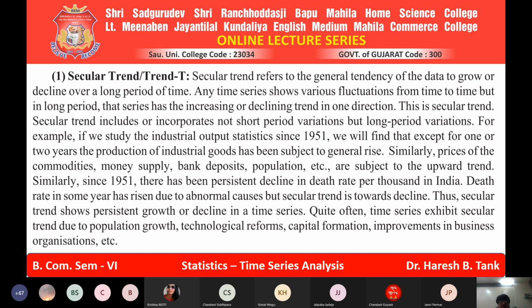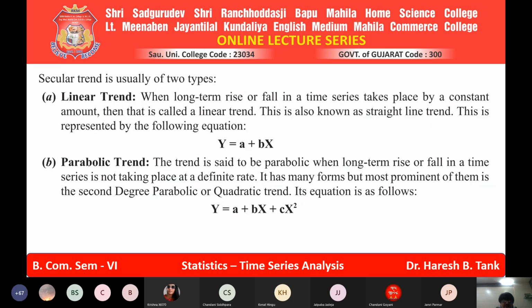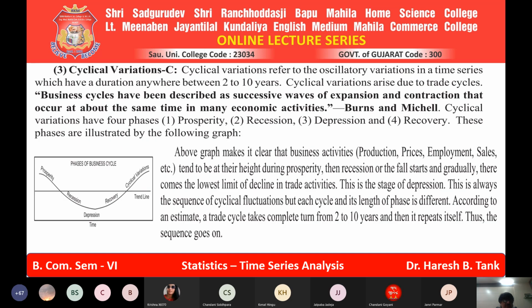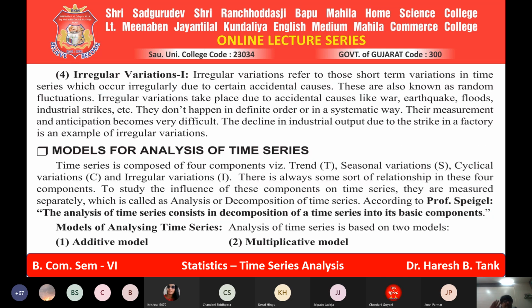We have discussed what you mean by secular trend, linear trend, seasonal variation, cyclic variation, irregular variation. Now these are the four different components. When I use the word component, it is not classification.